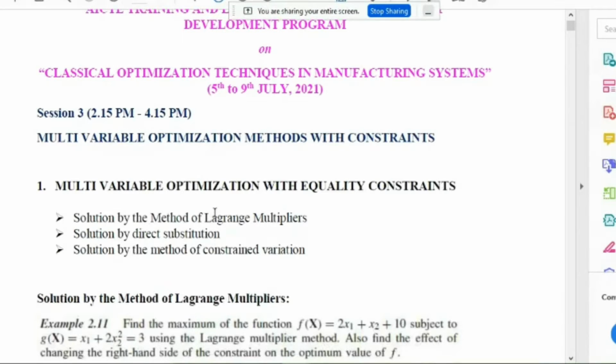Out of all these methods, people most popularly use the method of Lagrange multipliers. If anyone asks any question about optimization, they may ask something about the Lagrange multipliers method.